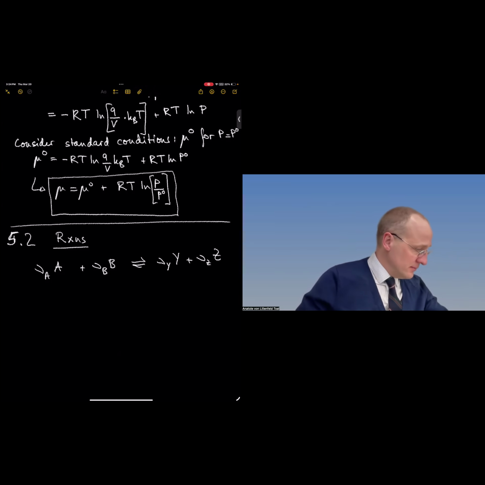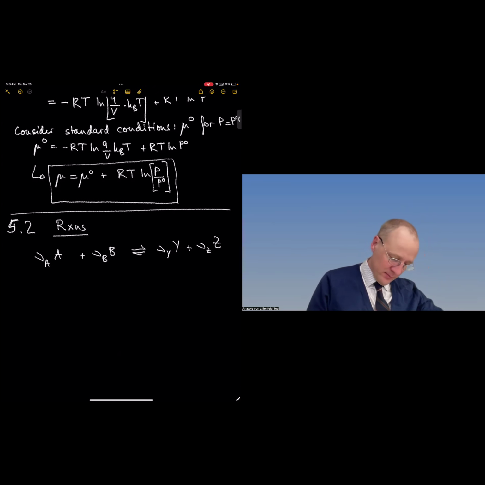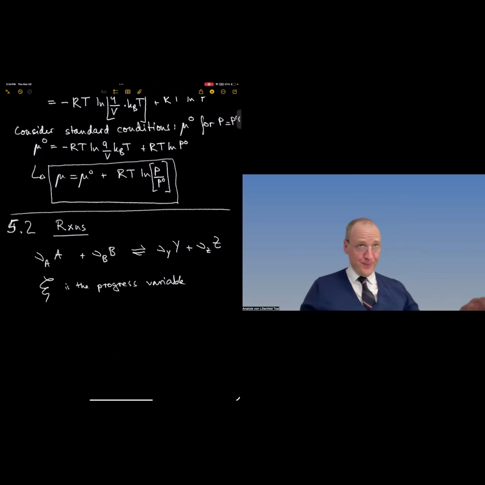Okay. Now, in order to measure the progress in the reaction, we introduce psi, the progress variable, right? And you can think of it as like time or percentage of product being produced, right?